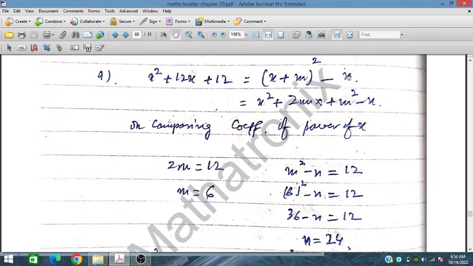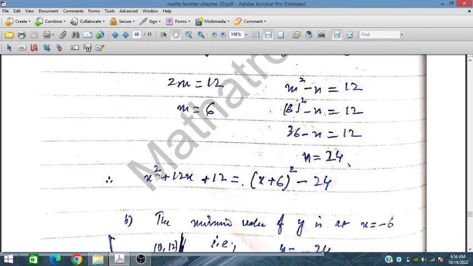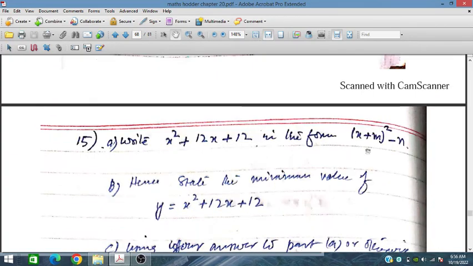So when we write 24 here and 6 here, we have x square plus 12x plus 12 is equal to x plus 6 whole square minus 24. This is the form that was required, x plus m whole square minus n.